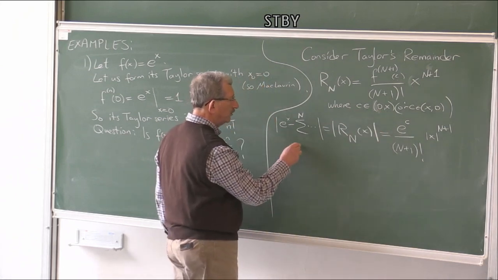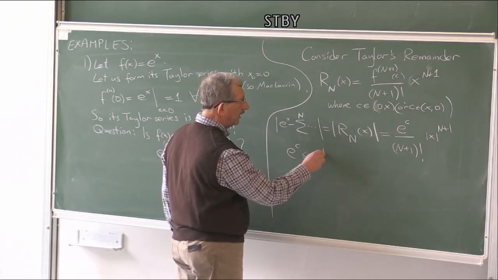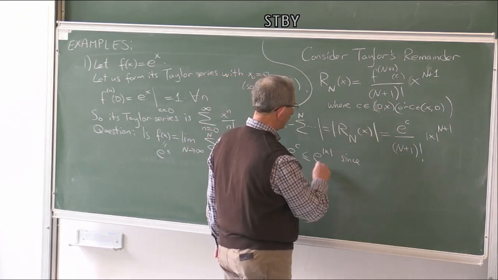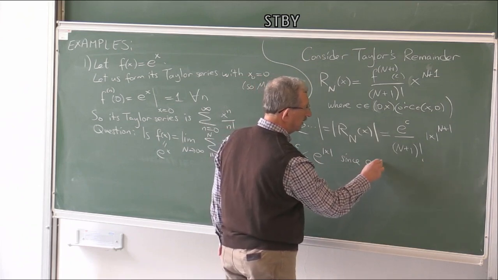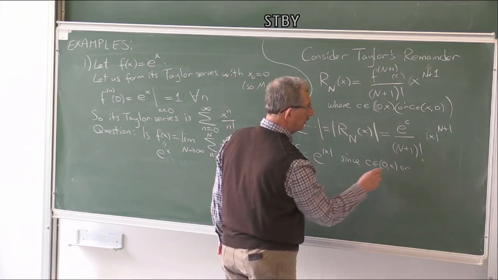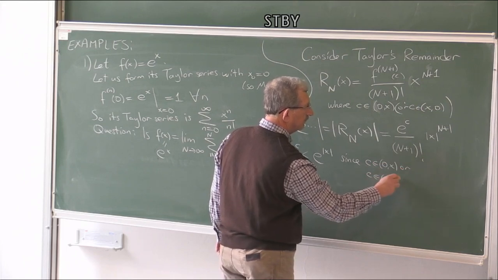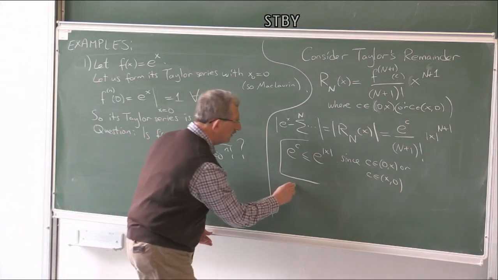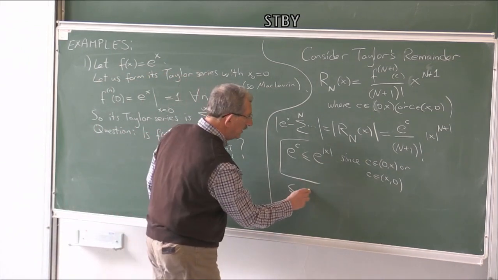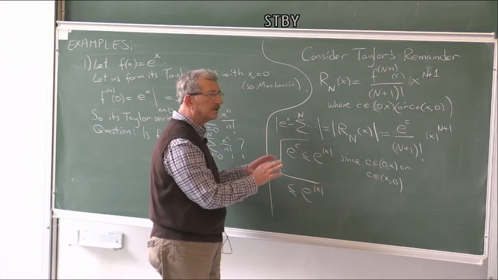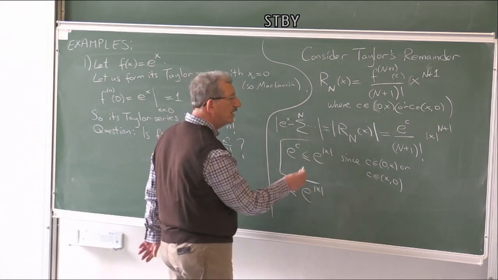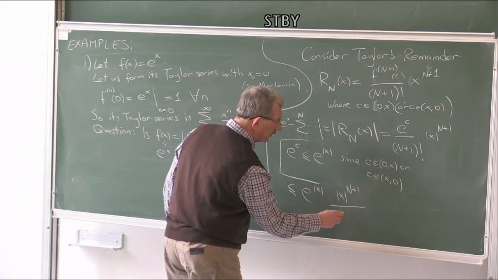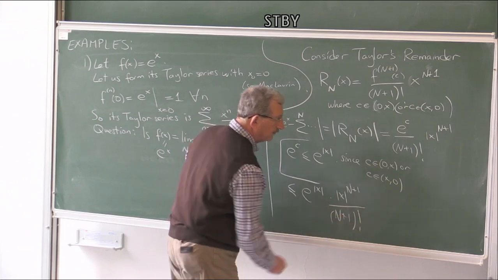But we know something. c is between 0 and x. So e to the c is bounded by e to the absolute value of x, since we have c in (0, x) or c in (x, 0). With this knowledge, we see that the whole thing is bounded by e to the absolute x, which is a fixed constant, x does not change, times absolute x to the n plus 1 over n plus 1 factorial.